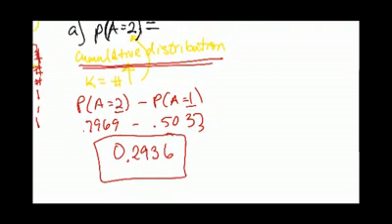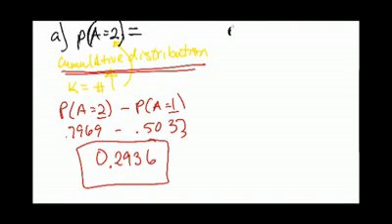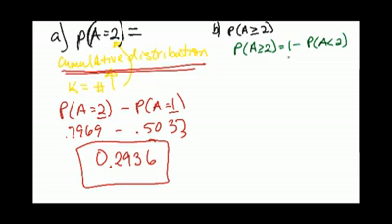Now let's look at how to use the table to do part B of the question. Part B was at least 2, or 2A, sorry. So the probability of at least would be greater than or equal to 2. On these, you want to use the complement rule again, so A greater than or equal to 2 is equal to 1 minus the probability of A less than 2, and because that's a discrete distribution, that means less than or equal to 1, because that's the next value that has a probability. Now because the table is cumulative, all you have to do is 1 minus the value for 1.